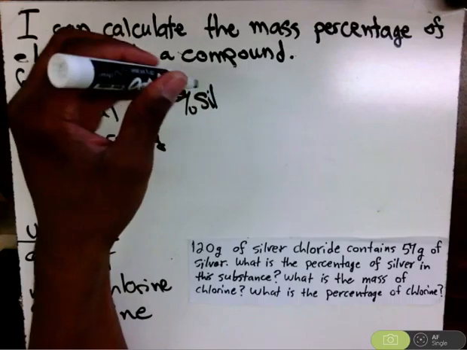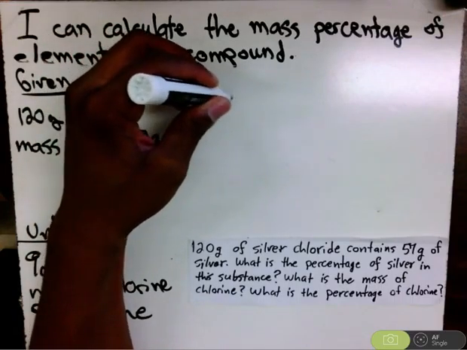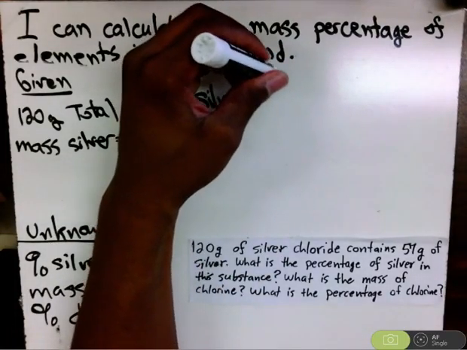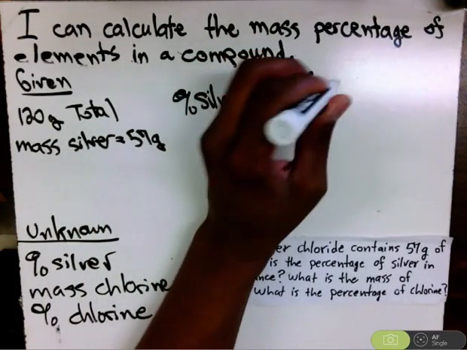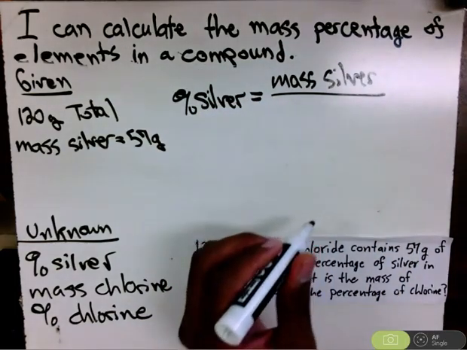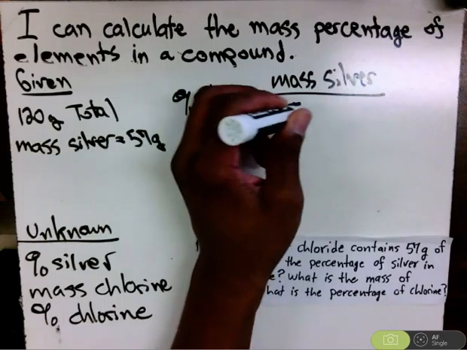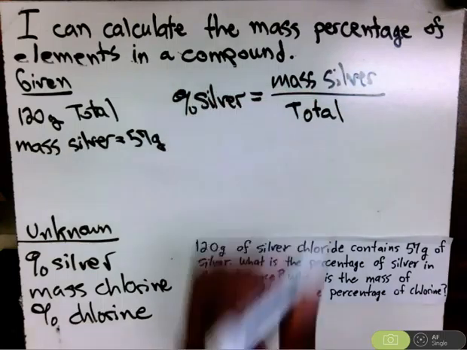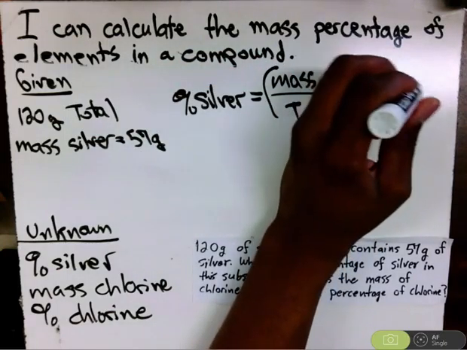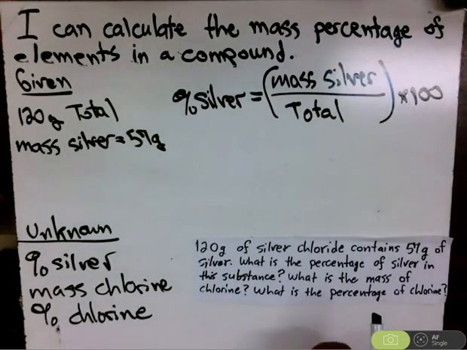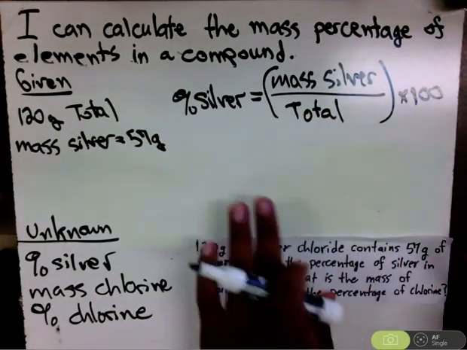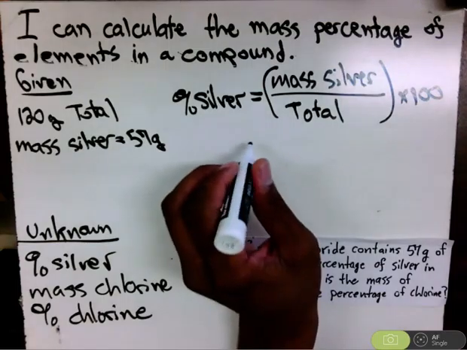So if I want to find the fraction of silver in a compound, I'm going to take the mass of silver, divide it by the total, and multiply that quantity by 100. Because a percent is a fraction out of 100. And that is going to give me the percent silver.